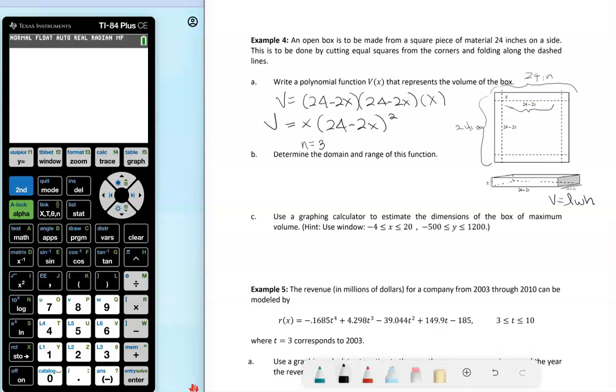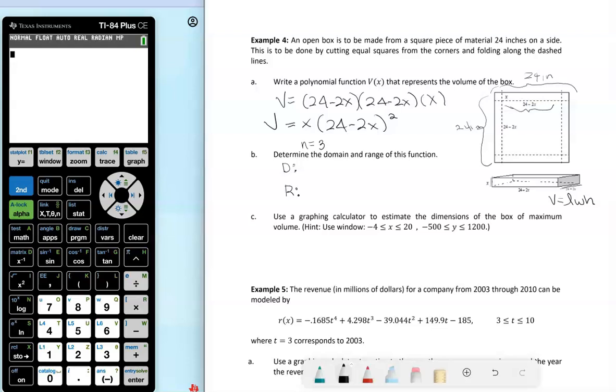Now we need to determine our range and our domain for this function. So let's talk about that. The domain would be the x values that would work inside this function that would give us a volume greater than 0. And our range would be the y values, or the volumes that we would get from this function.